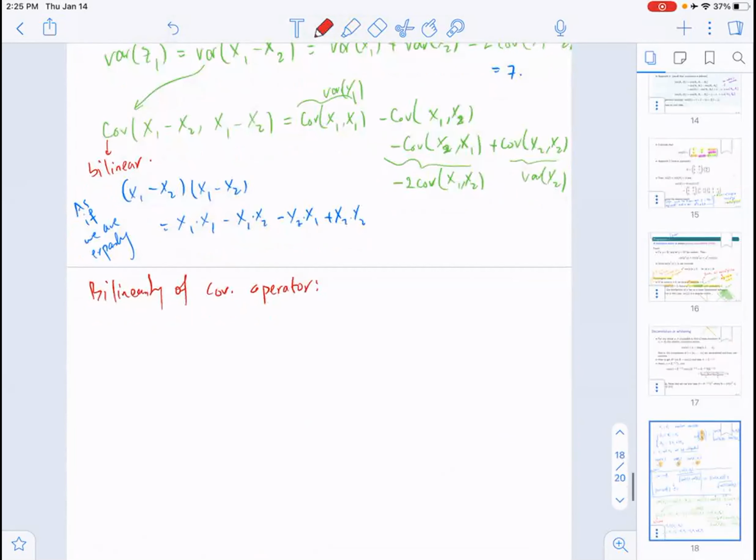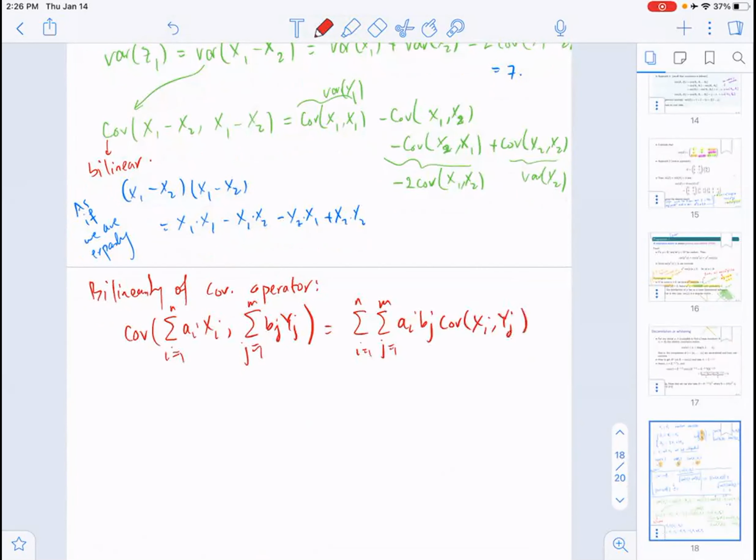In order to do this, you have to say that I have a bunch of random variables, sum over i from 1 to n of a_i X_i, and then I'll take the covariance with sum over j from 1 to m of b_j Y_j. These are linear combinations of two sets of random variables. I can get this as the sum over i from 1 to n and j from 1 to m of a_i b_j covariance of X_i, Y_j.